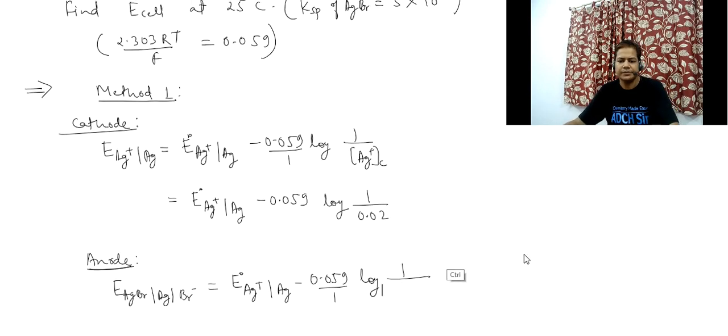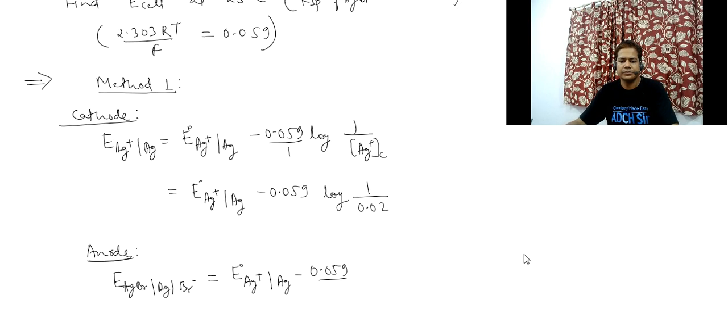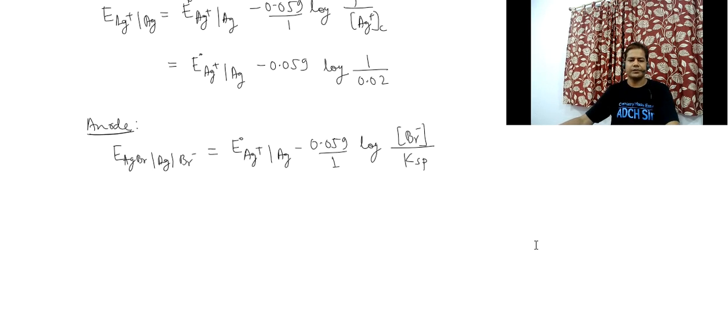This becomes log of Br minus upon Ksp. Now let us solve this. Let us keep it in terms of E naught of Ag plus 2Ag minus 0.059.